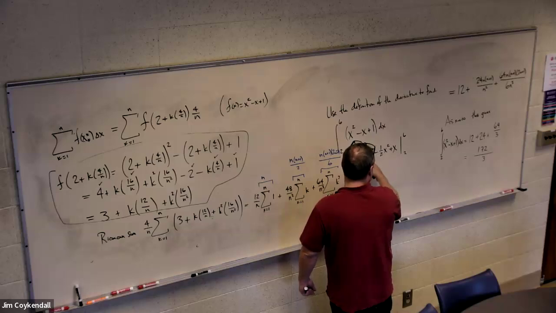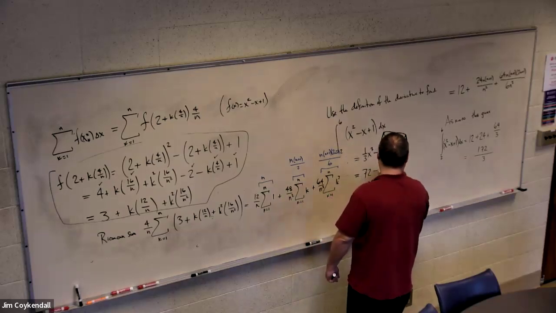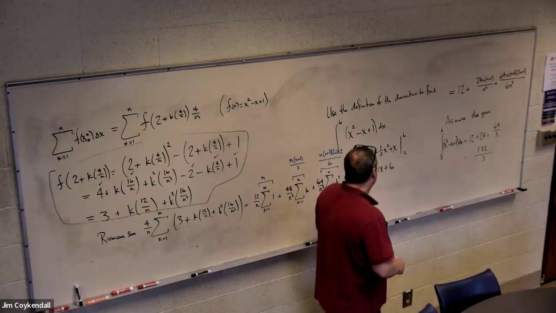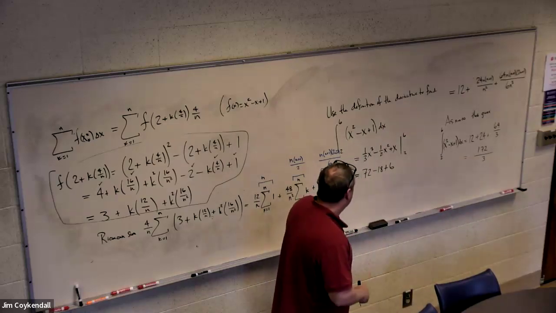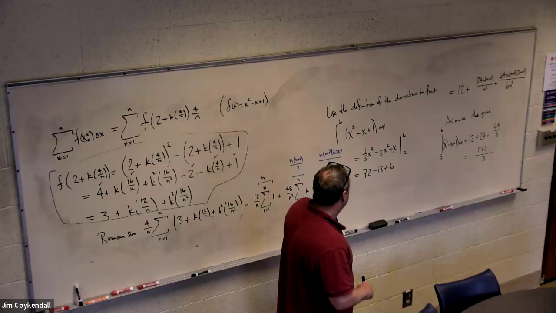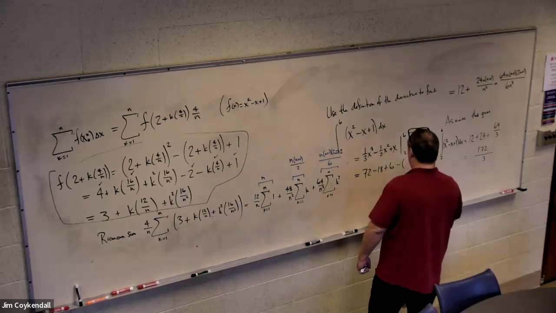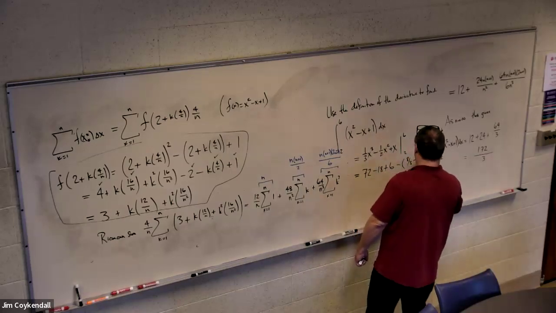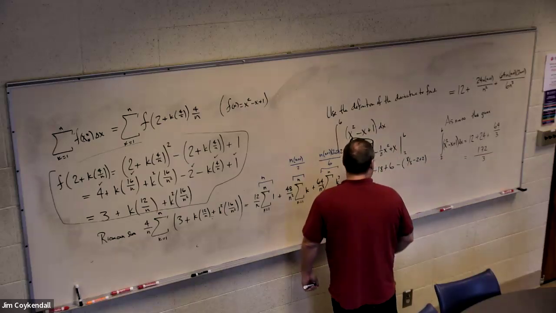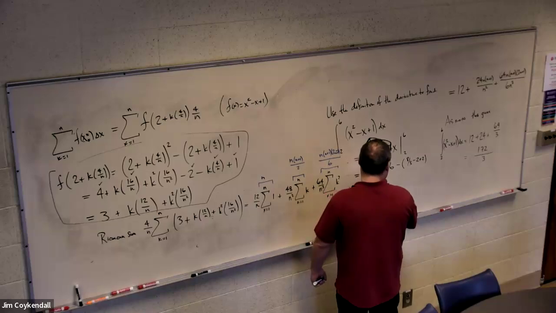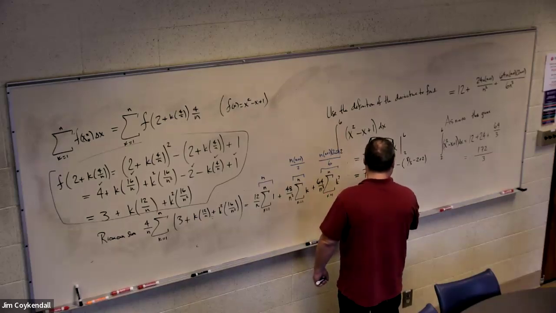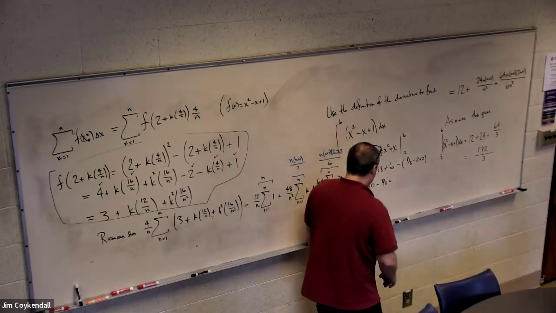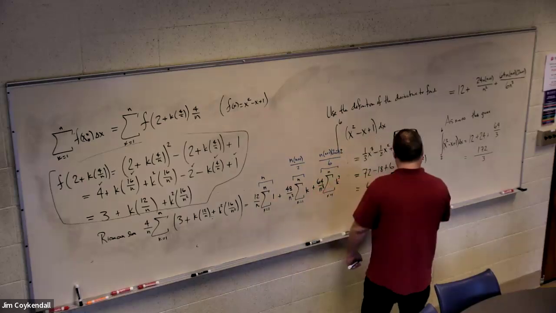We're going to put in 6. That's going to be minus 18 plus 6. Let's put 2. Everybody have this? Minus. Put 2 in here, 8/3. Minus 2. This is 72 minus 12, 60. Minus 8/3. So let's do 180 minus 8.